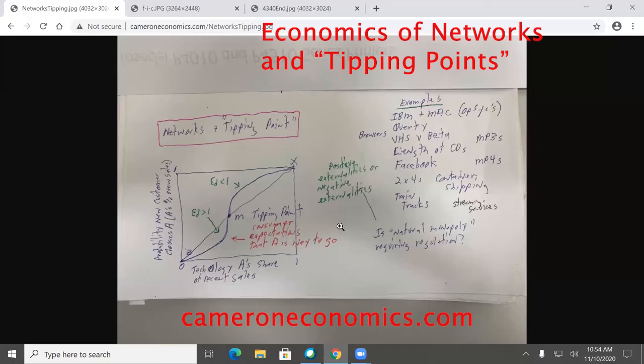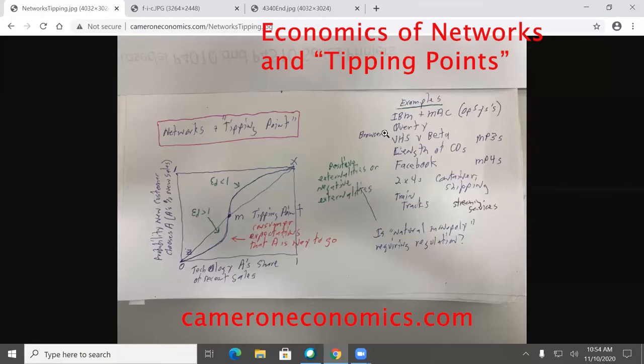specifically for this smart economy. So then the question is, and only you can answer that question depending on your own views, is this tipping point meaning a natural monopoly requiring regulation? So if you're the state regulator and you're the hammer, then everything looks like a nail. So of course it does. And there's examples over history.